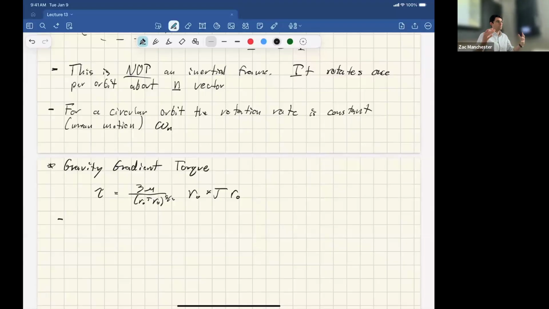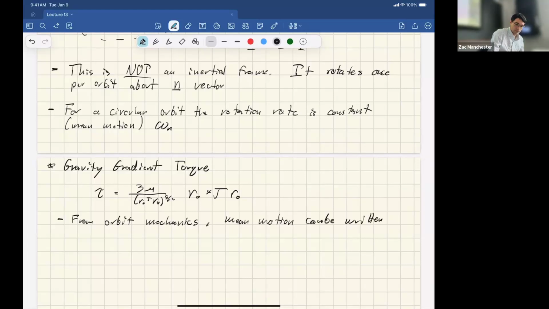From the definition, not important here, but from basic orbit mechanics, the definition of that mean motion, just the angular rate at which this frame is rotating around, can be written like this, so that omega n squared is mu over a cubed. Probably people have seen this before.